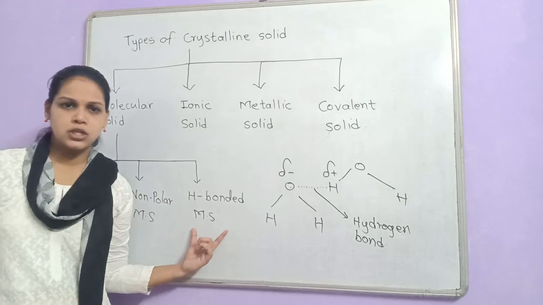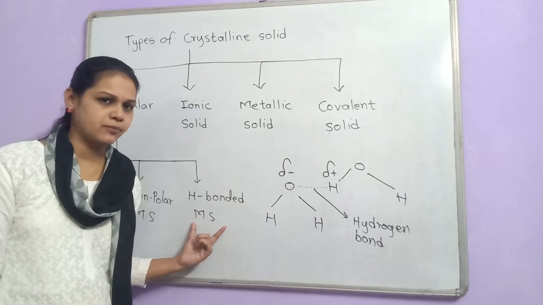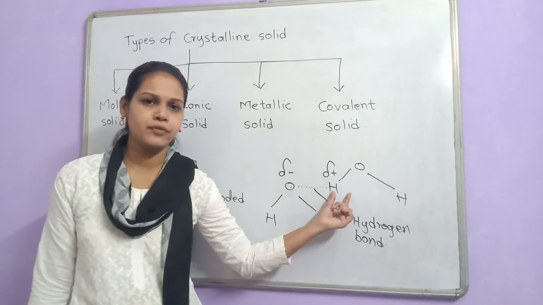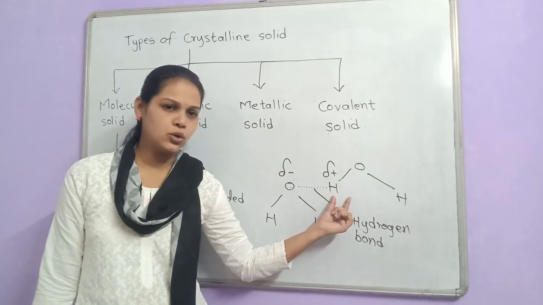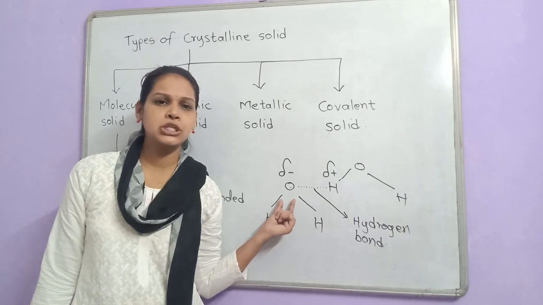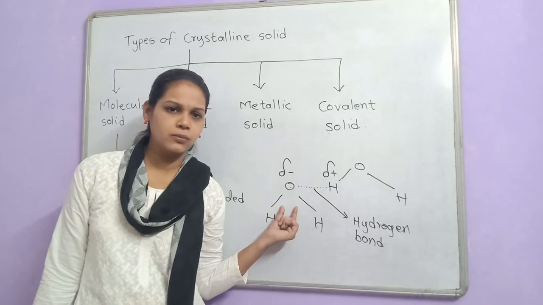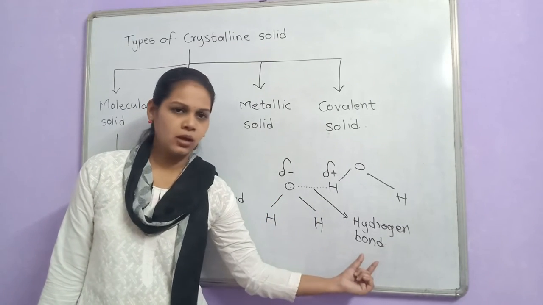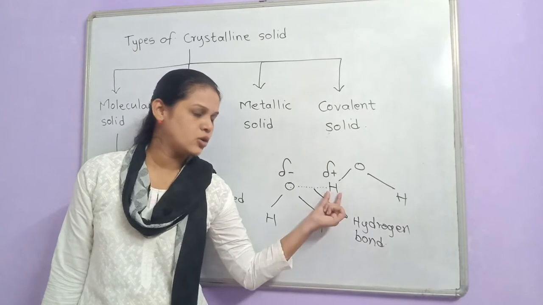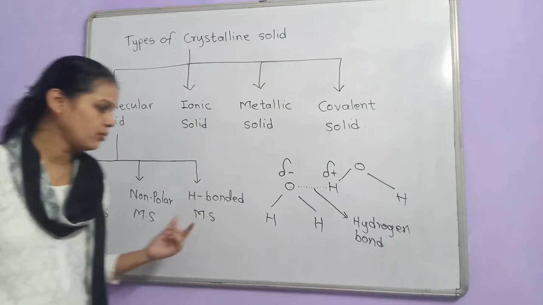Hydrogen bonded molecular solids have hydrogen bonds between them. This is an additional bond which is formed by the hydrogen of the first molecule to the most electronegative atom like oxygen, nitrogen or others of another molecule. Due to this hydrogen bonding, hydrogen and oxygen both will acquire charges.